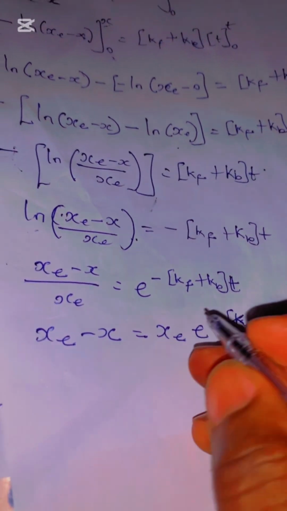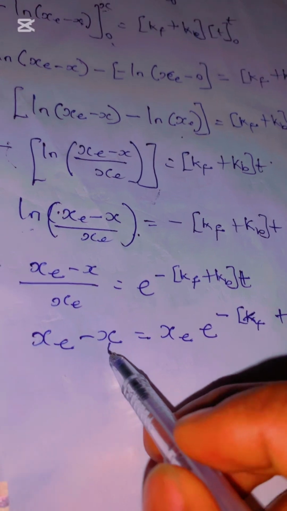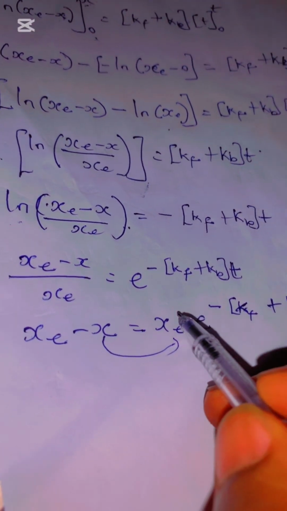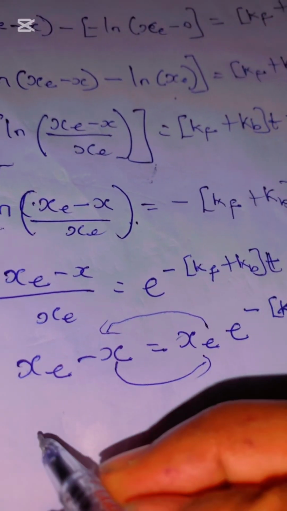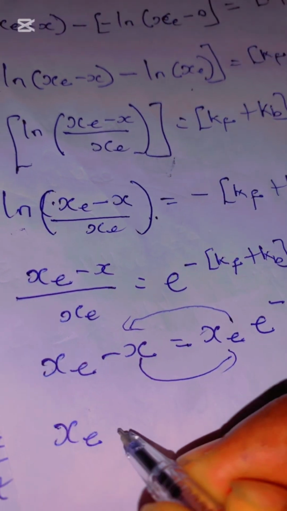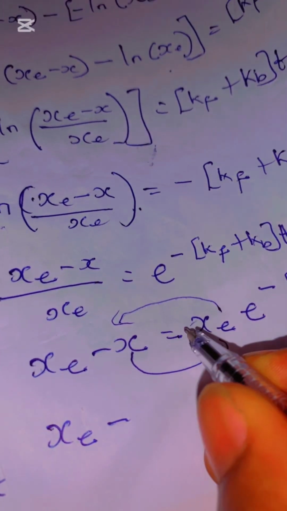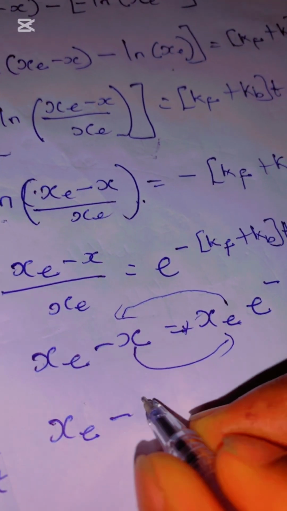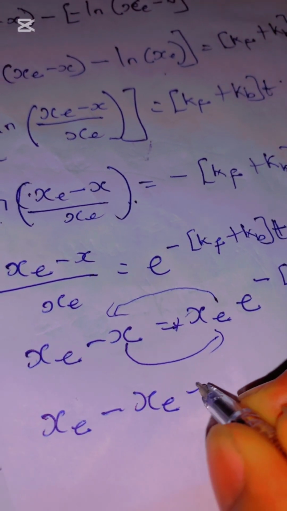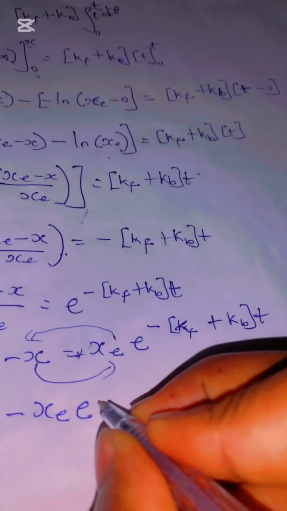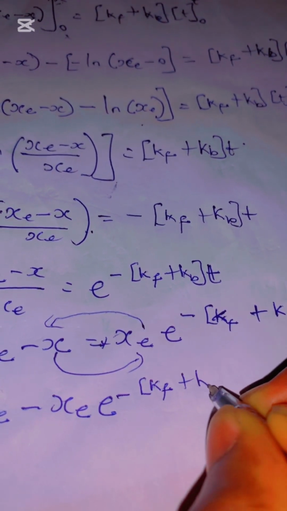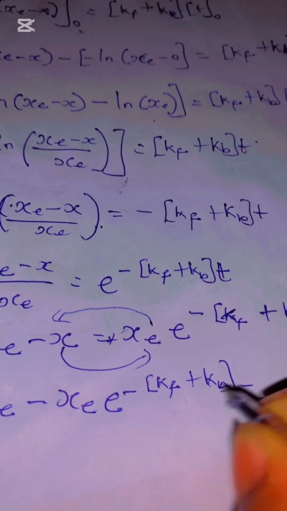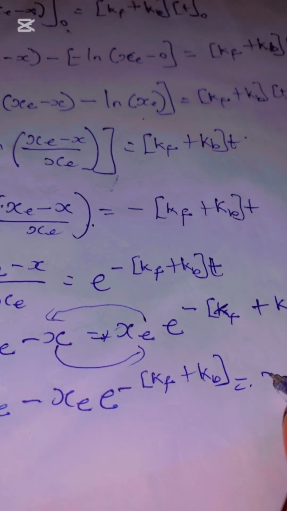So next thing is bring this x, bring it to this side, bring everything we have here, bring them to this side. So if I bring this x to this side, and then I have my xe minus, because if this crosses to this side, it turns to minus xe e raised to power minus, we have kf plus kb, good, is equal to, if x crosses, we have plus x.